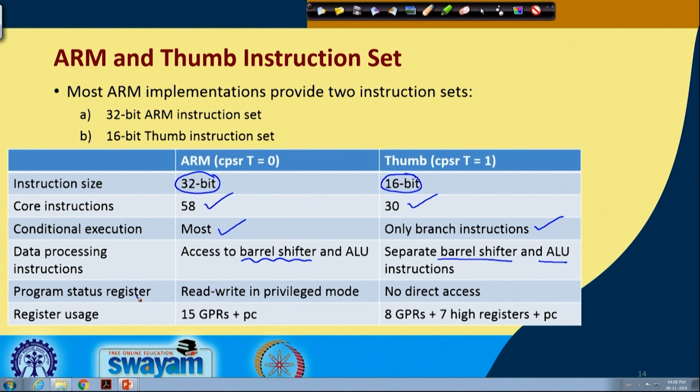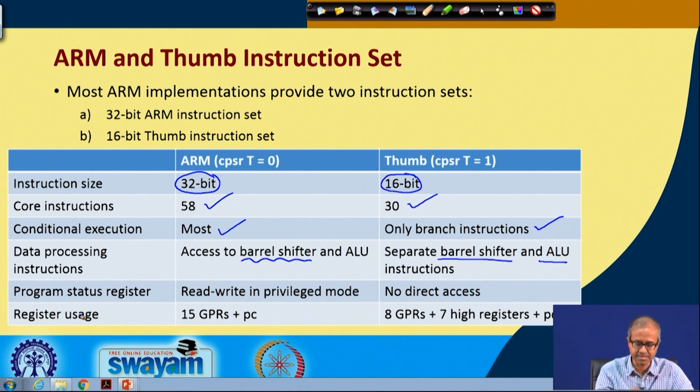Program status register: in ARM mode, you can do read and write in privileged mode, but in Thumb mode you cannot access the program status register; it is prevented from being accessed.